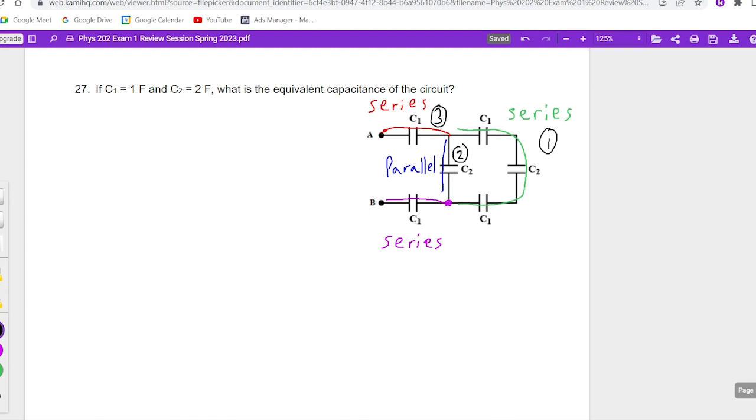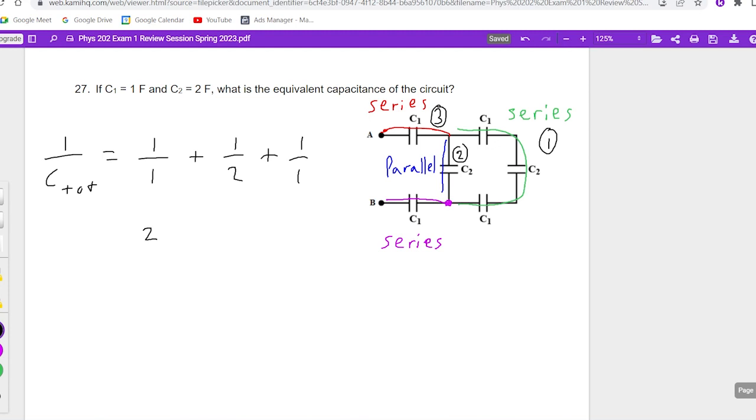These 3 in series. Since they're in series, that stinks. So 1 over C total equals 1 over C1, which is 1, plus 1 over C2, which is 2, plus 1 over C1, which again is 1. I get a common denominator here of 2.